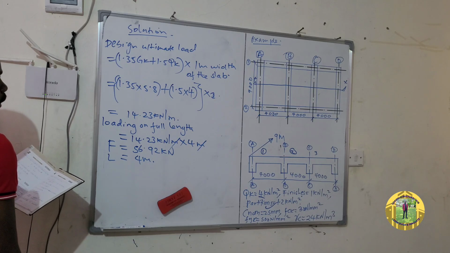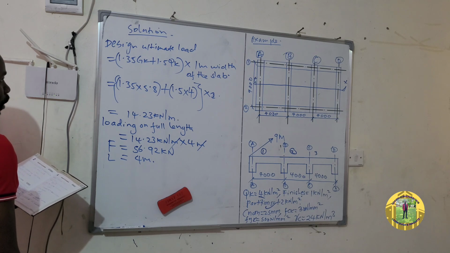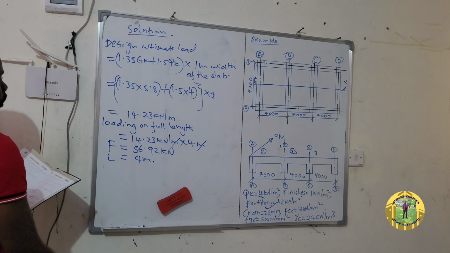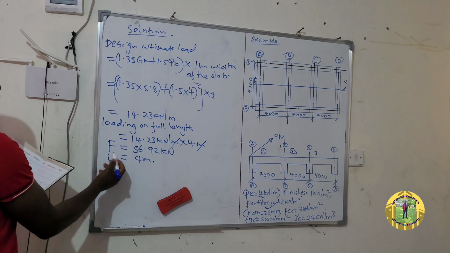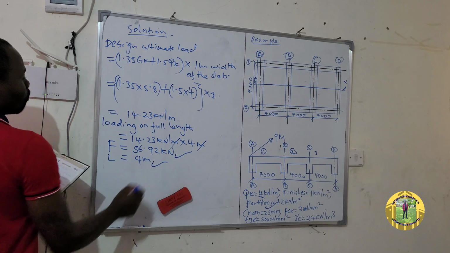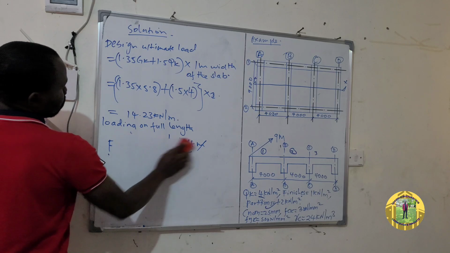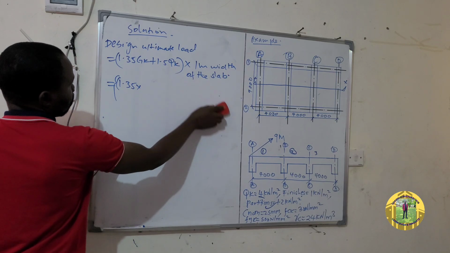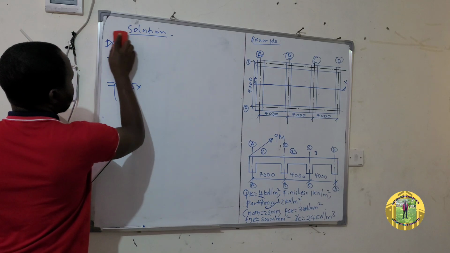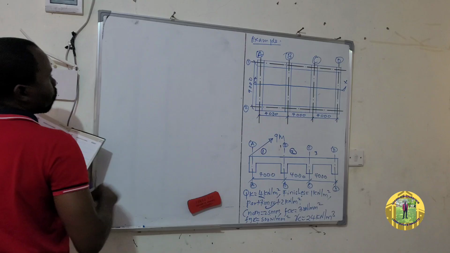So we will start by, no, let's proceed to the design process. Allow me to clean here. So F is 56.92 kilonewton, and then L is 4 meters. You can write them somewhere. So design process.